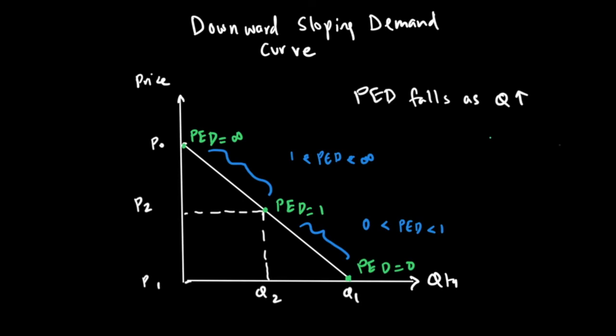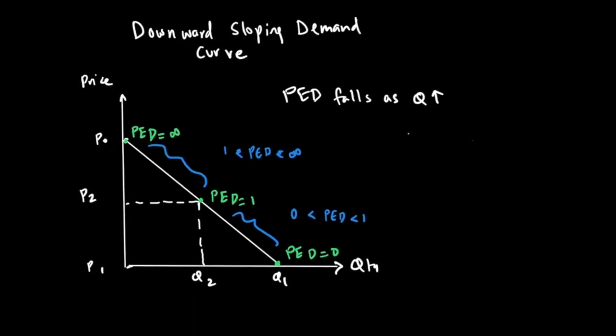So what we say is that when we make a demand curve that is downward sloping, we have a PED that falls throughout the length of the demand curve. In fact, it starts from infinity on the y-axis and becomes elastic in the upper half, and becomes unitary in the middle, while it falls to become perfectly inelastic in the quantity axis.